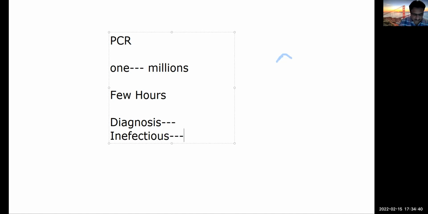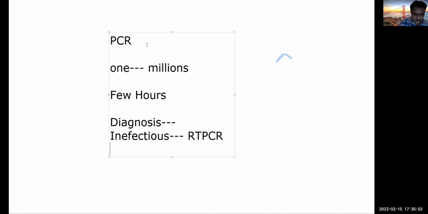In COVID-19, we are using some modification of this called RT-PCR because the genomic material for COVID-19 is RNA. But not only for infectious agents, why does it become more important?